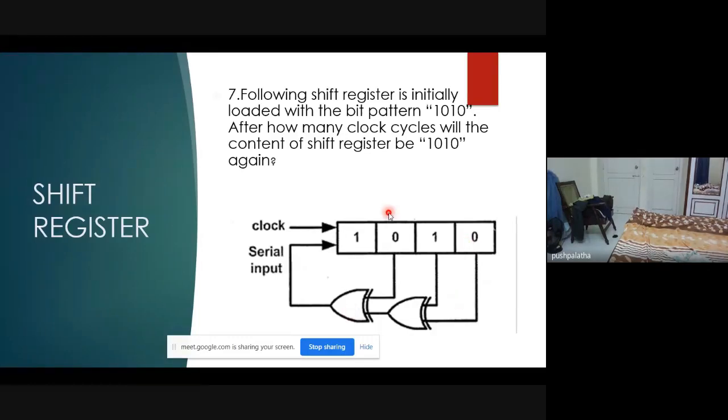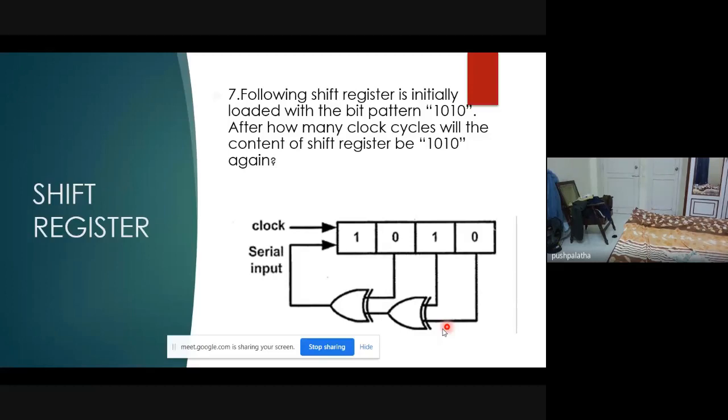What you have to do is name the bits A, B, C, D, or as per your option. First you name all the bits, MSB to LSB, and you look at each and every bit. Here I am taking two XOR gates.